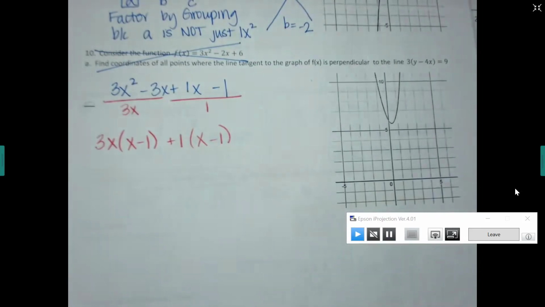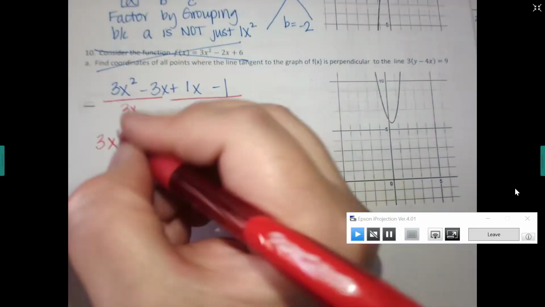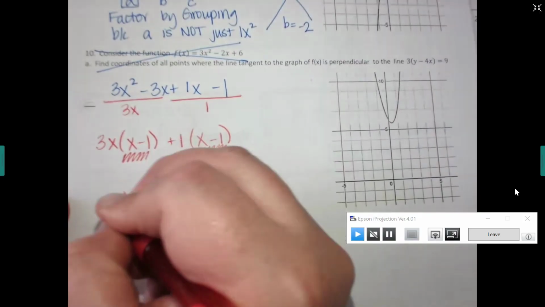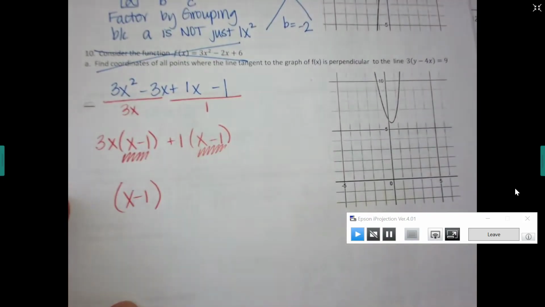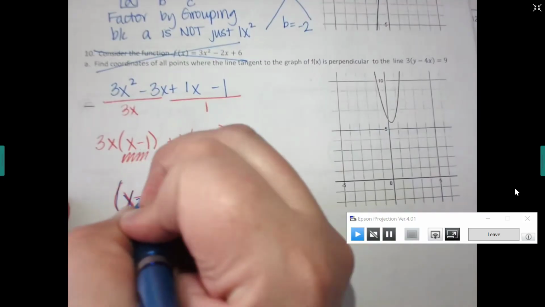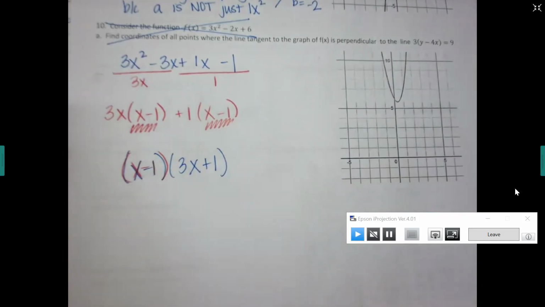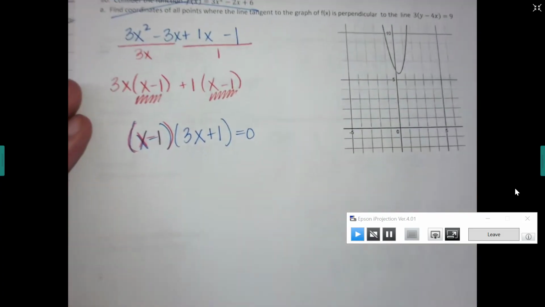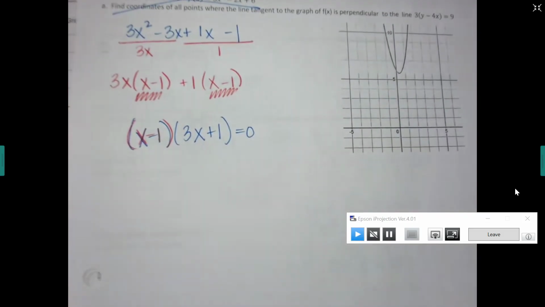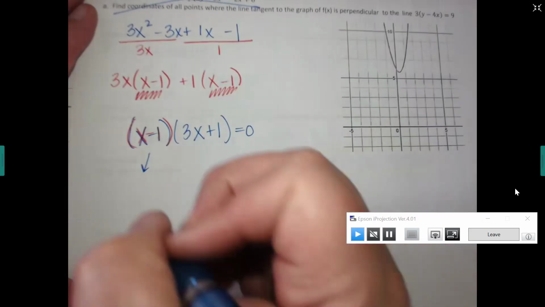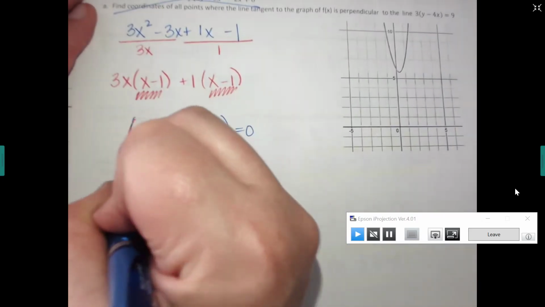At this step, if your parentheses match each other, you did it correctly. So I have an x -1 and an x -1. And then my second factor comes from whatever I pulled out. So it was a 3x and a +1. Then from there, we're ready to identify our answers. So if it's an x -1, what's the answer? +1, good.